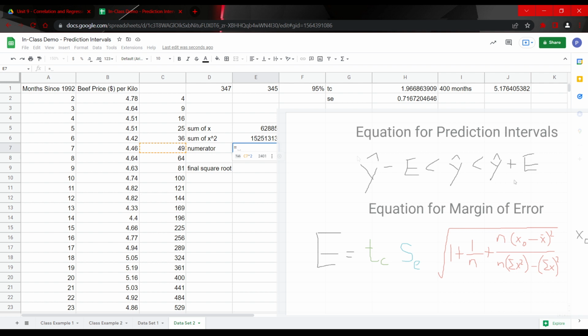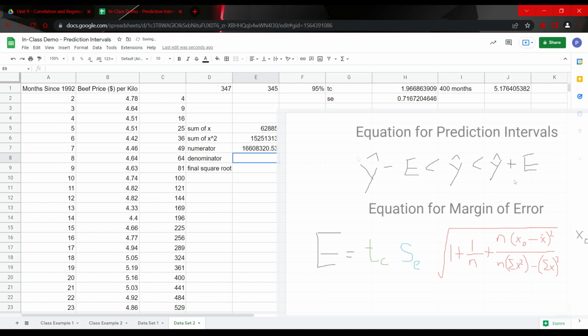This is the n, 347, times x0, which is 400, minus the average of AA squared. That's a big number.